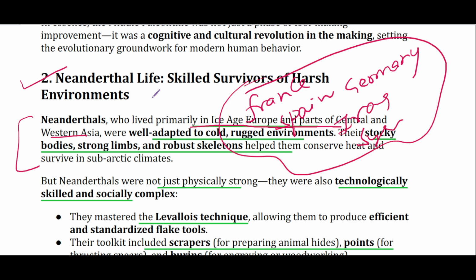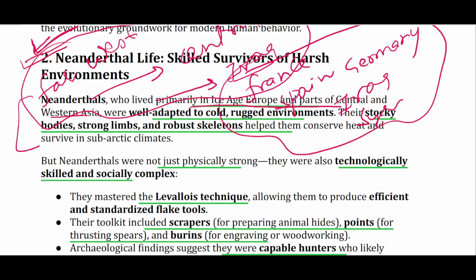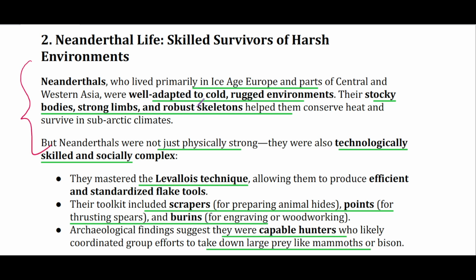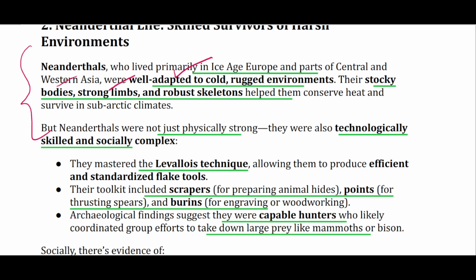So you can say they spanned from far west to Central Asia up to modern day Iraq. So it was quite a large area for any hominid species. Then the Neanderthals were well adapted to cold and rugged environment. Their stocky bodies, strong limbs, and robust skeleton also helped them conserve heat and survive in subarctic climate.